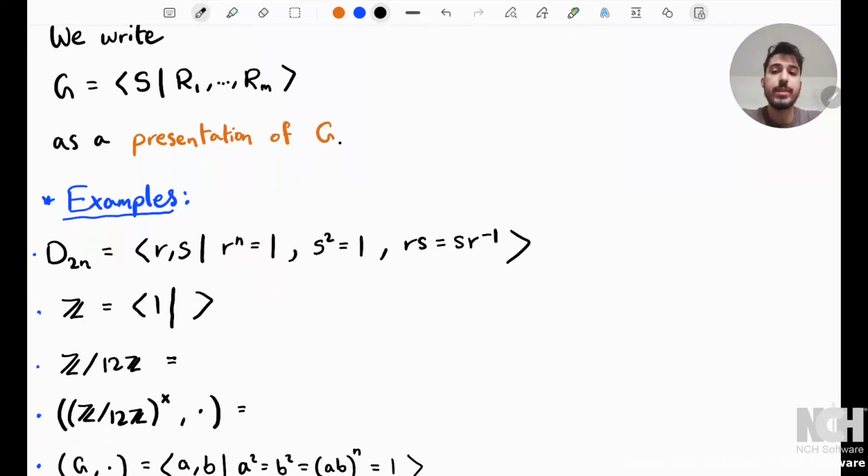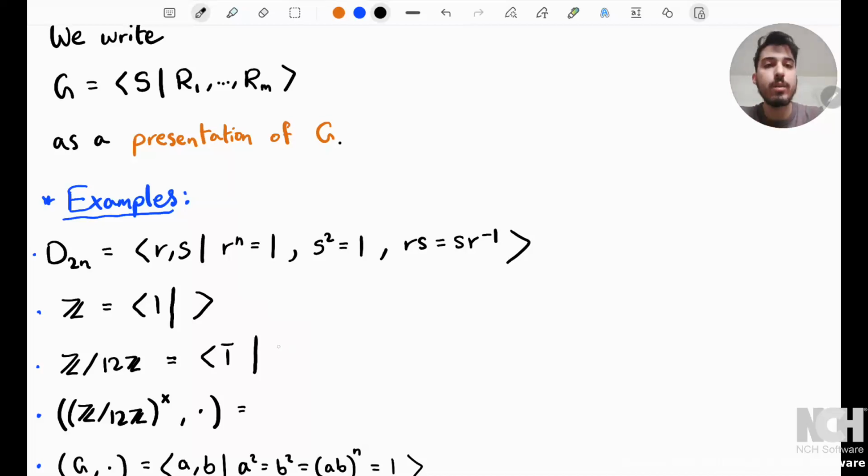What about Z/12Z? Well, for Z/12Z, we have the generator 1, for example. We can put either 1, 5, 7, or 11, but we've chosen to put 1. And for a relation, we know that this is a cyclic group, a cycle, because if we add 1 12 times, we go back to 0.